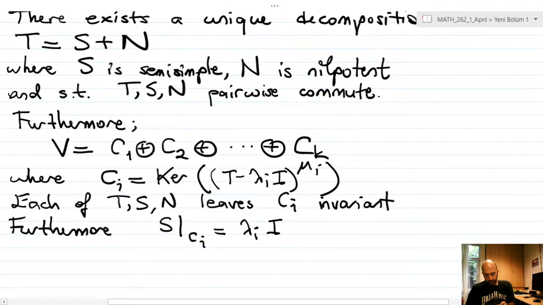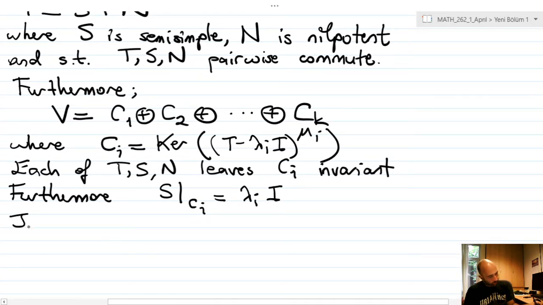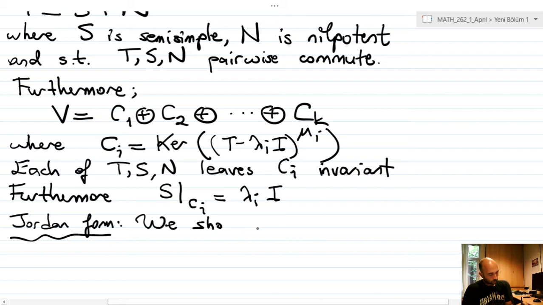So what about N, you might ask, and that's kind of what Jordan form tells us. I'll not write the precise description of Jordan form, which you probably know from the lectures, but if I want to summarize in one sentence, we showed that the nilpotent operator restricted to C_i can be represented by matrices of a very, very special form.